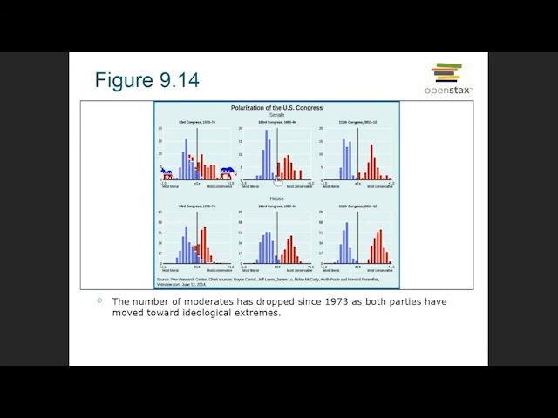There's only one bar showing anybody left of center for the Republicans, and only one bar showing anybody right of center for the Democrats. Now, they only had two over here before, so they only lost one. But you had 1, 2, 3, and now you're down to one. So you're starting to see the parties split apart in what they stand for and how the voters look at them. If you go down into the House, it's even more apparent. It's a much cleaner divide starting to happen here.